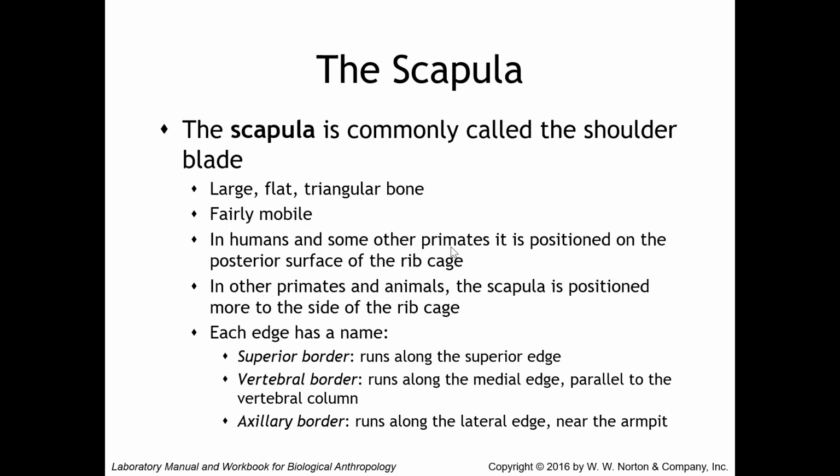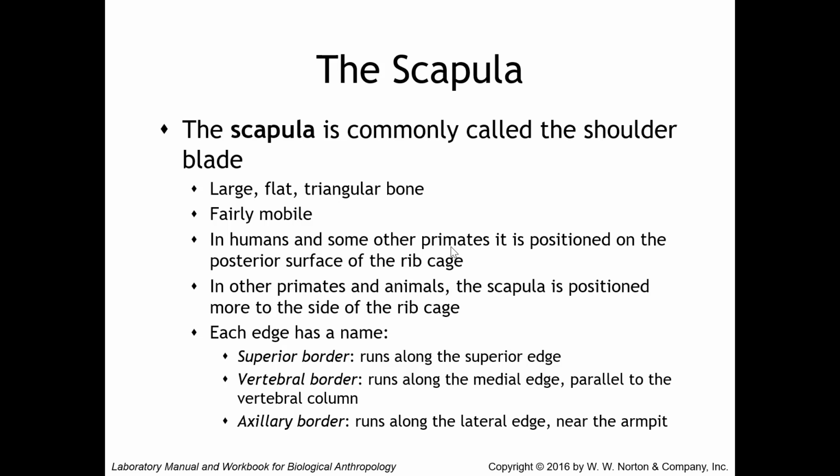So on the back. In other primates and animals, the scapula is positioned more to the side of the rib cage, so laterally. So you can think of a four-legged animal, think a dog. The scapula is going to be more to the sides rather than on the back, right? Like it is on us bipeds.